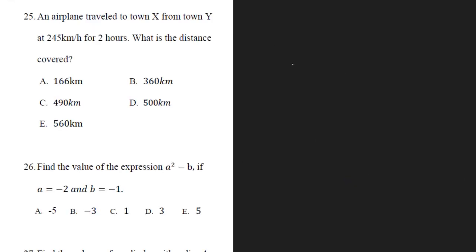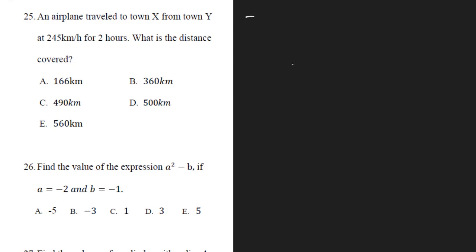Alright, question 25 says that an aeroplane traveled to town X from Y at 245 km per hour for 2 hours. What is the distance covered? Remember in the previous question I told you that whenever you see anything in kilometer per hour, it means speed.